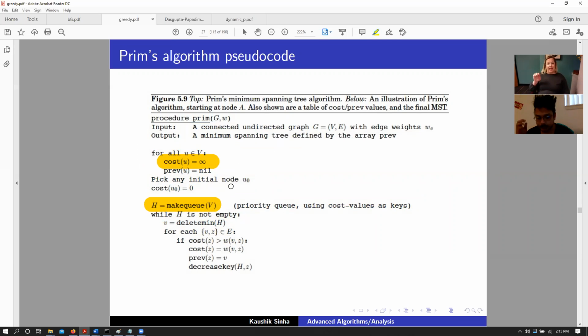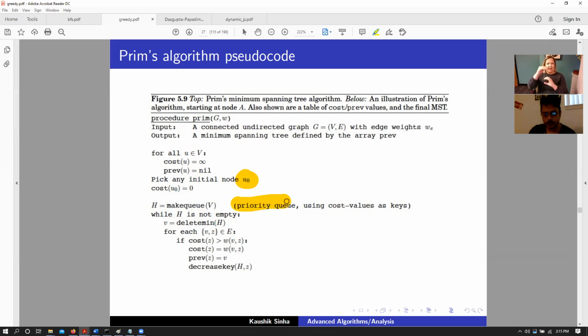So imagine this algorithm a bit more clearly. It starts off with a particular node, right? It starts off with some random particular node, called that U0, sets that cost to 0, and then looks at all the neighboring edges and picks the edge.